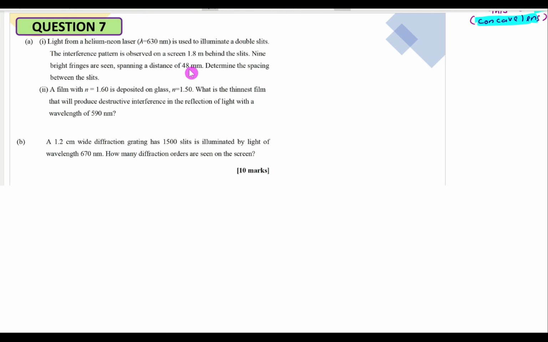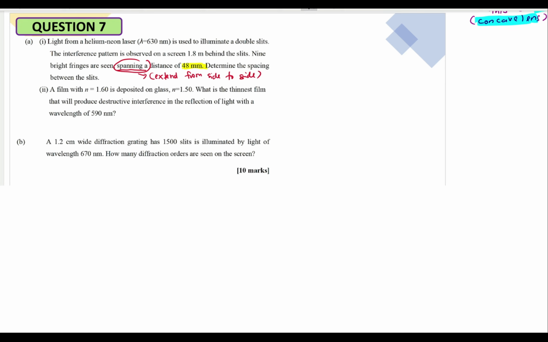So nilai 48 mm ini nilai apa? Perkataan spanning a distance of 48 mm means that it extends from side to side. Sekejap lagi kita cuba lukis.